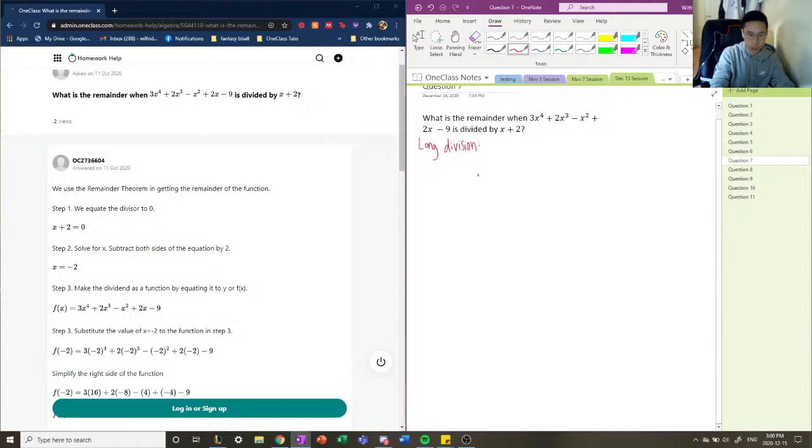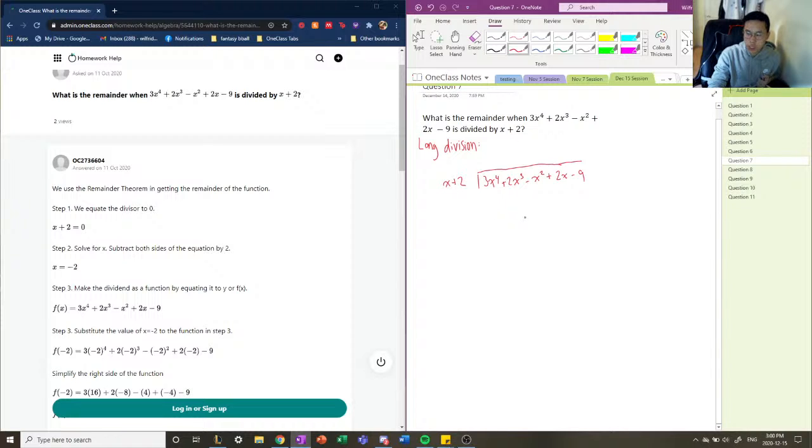Long division requires us to have a big long bracket here. All right, and I'm going to have our divisor of x plus 2 on this other side, okay?